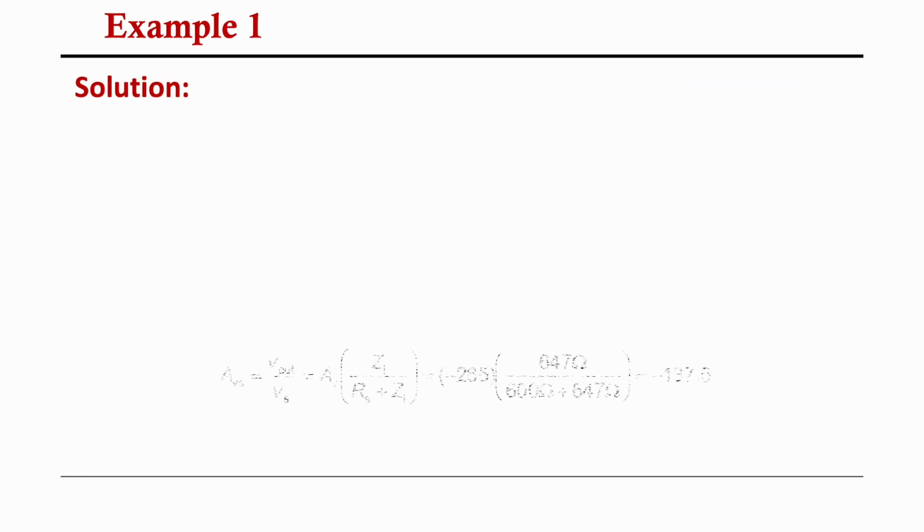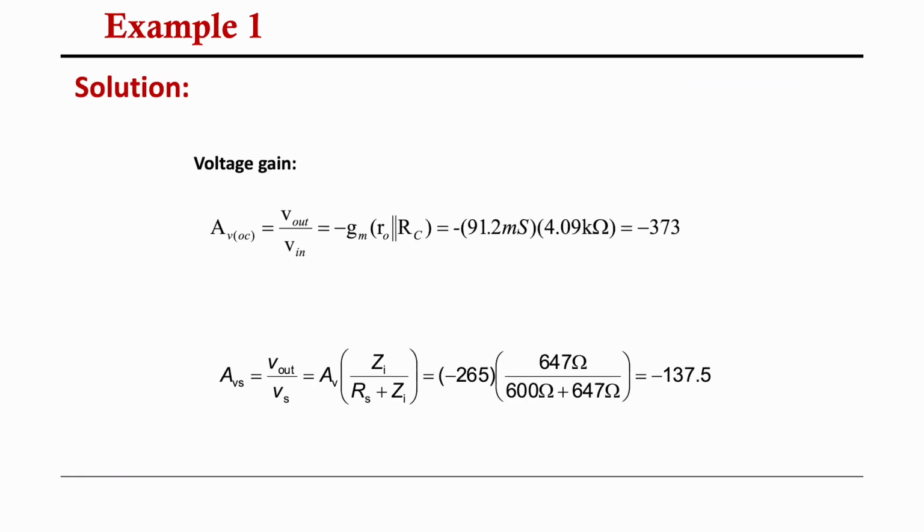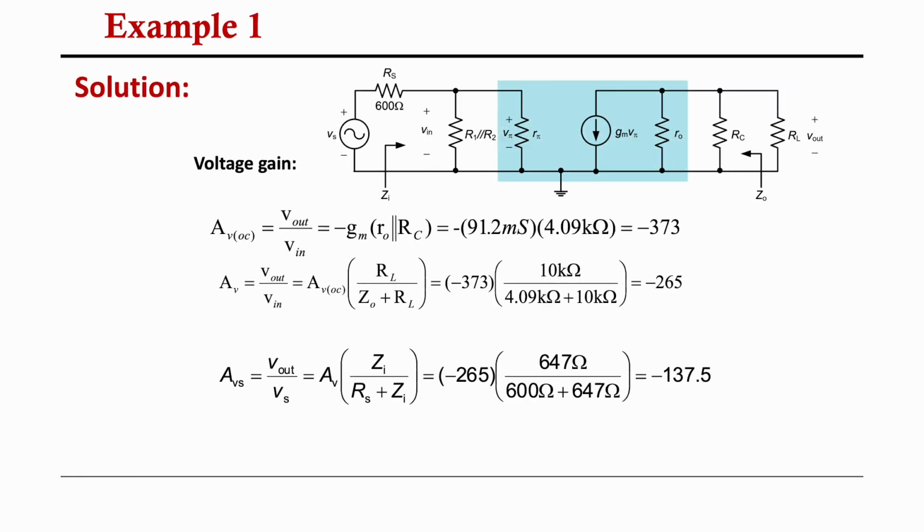Next we need to calculate the value of AVOC. AVOC is actually V out over V in, if it is without RL.